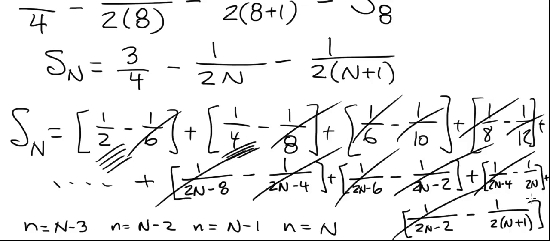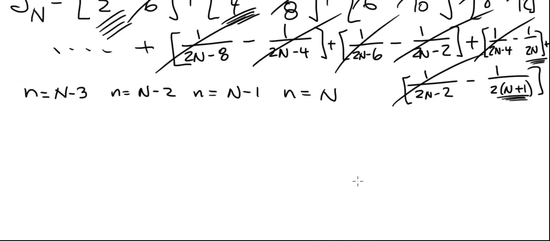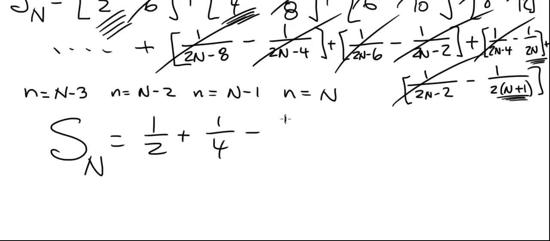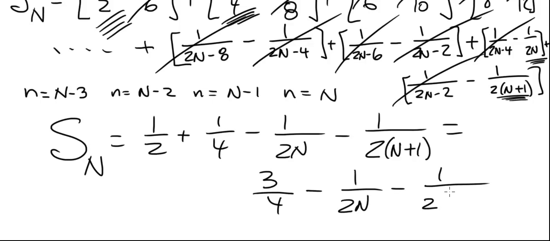And what's left are these two terms, 1 over 2n and 1 over 2n plus 1, just like we predicted for when we computed S8. So the formula for Sn is equal to 1/2 plus 1/4 minus 1 over 2n minus 1 over 2 times n plus 1, which is 3 over 4 minus 1 over 2n minus 1 over 2n plus 1.